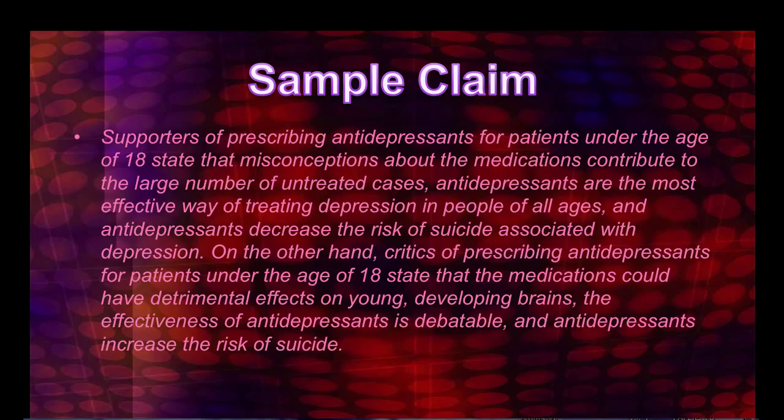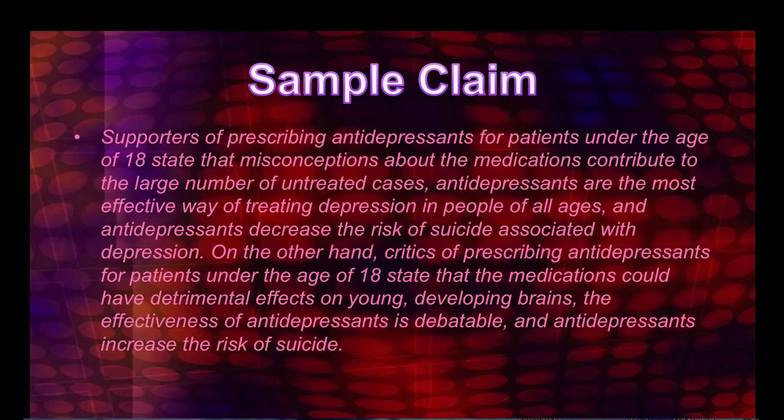So let's take a look at this sample claim, keeping in mind that we're going to study this in more depth in a future video. And this claim reads: Supporters of prescribing antidepressants for patients under the age of 18 state that misconceptions about the medications contribute to the large number of untreated cases.